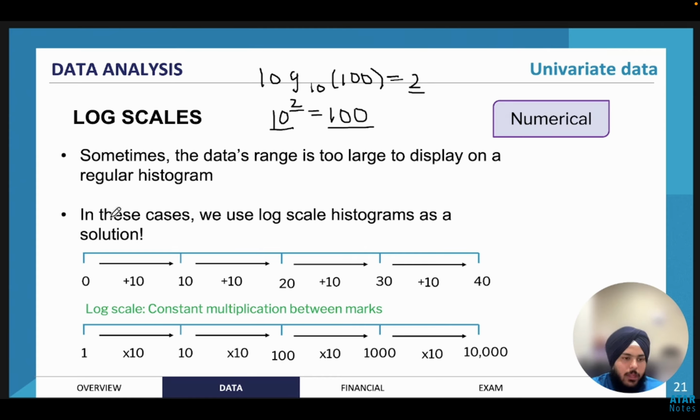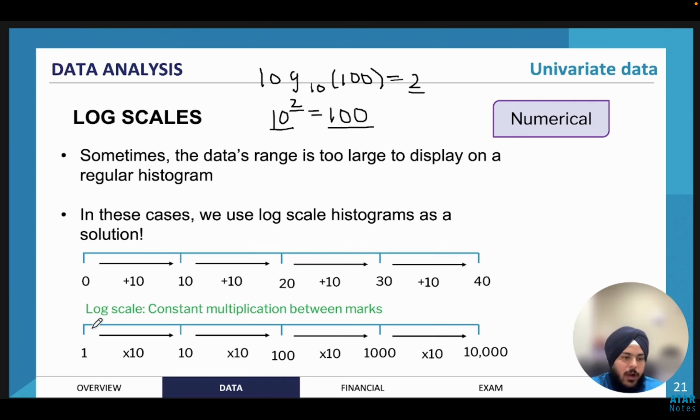So here is just an example of where we might use it. For a normal scale, we'll have 0, 10, 20, 30, 40. However, in a log scale, there will be constant multiplication by 10. So we might do 1, 10, 100, 1,000, 10,000. But we have the same sort of gap, which would be very inaccurate, right?